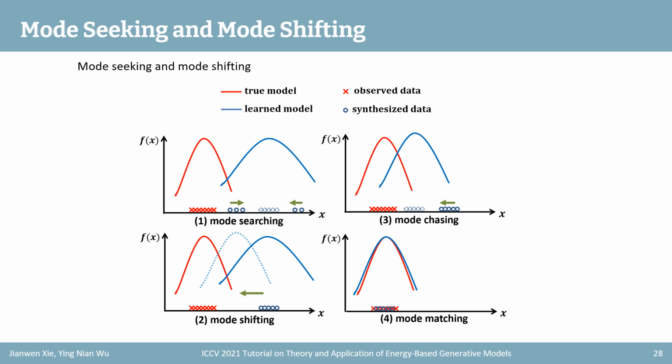Figure 3 is the mode tracing, which searches the high-score modes in the updated landscape of the model. Figure 4 is the mode matching, where the modes in the learned landscape eventually match the ones in the data distribution after a few iterations of mode searching and shifting.